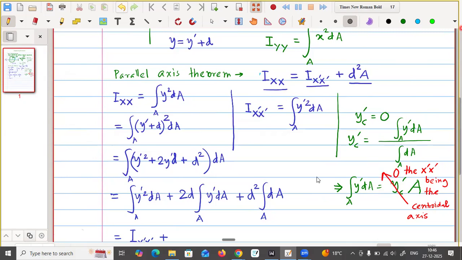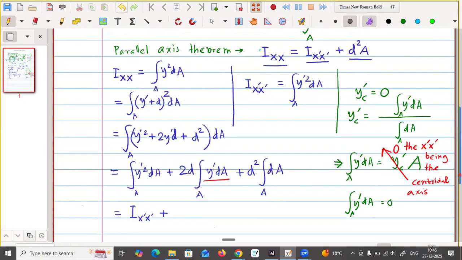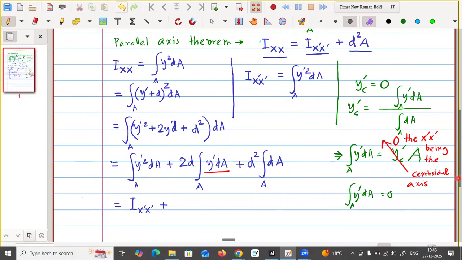That means the left hand side 0. Therefore, this term will be 0. Therefore, you can write y prime dA is equal to 0. So that is the first thing that we have to follow.